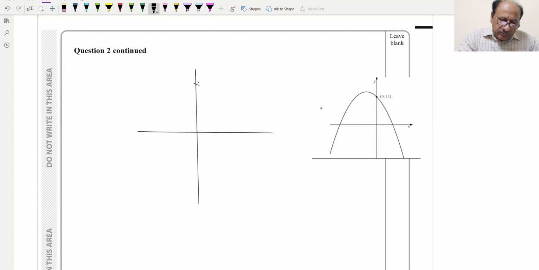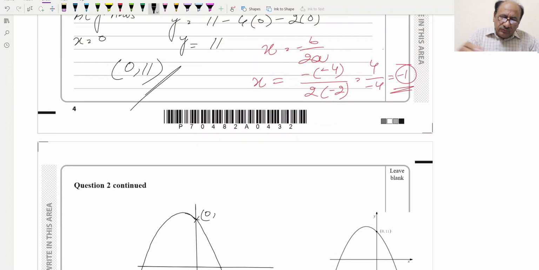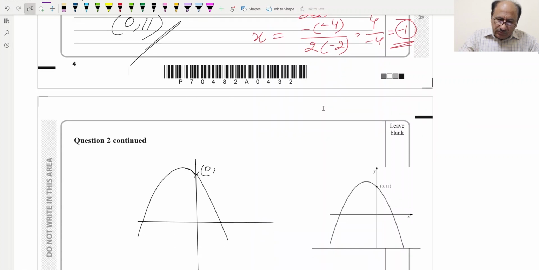It is intercepting this point and passing through this point, curving like this, and this point we can mention as 0 and 11, which we have just checked. That's all. This is the answer.